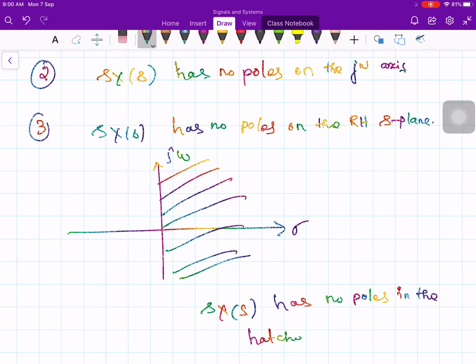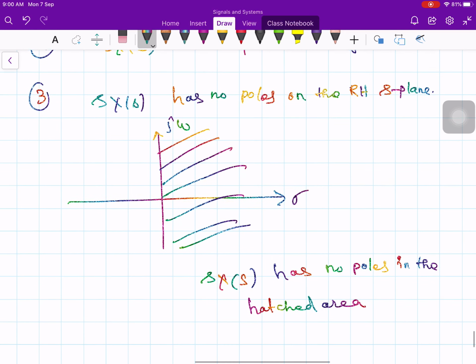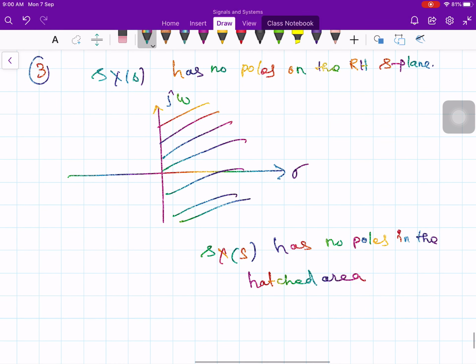If you have a pole on the imaginary axis or in the right half plane, then the final value theorem is no longer valid. We will see why. Note that it is s times x of s, not x of s. Note the condition very carefully. I did not say x of s should not have any poles in the right half. S times x of s must not have any poles in the right half plane or on the imaginary axis.